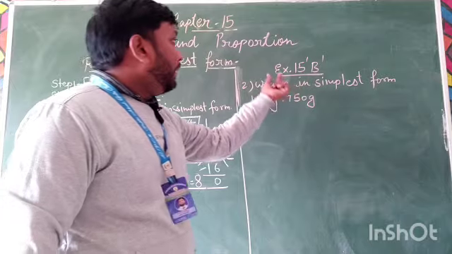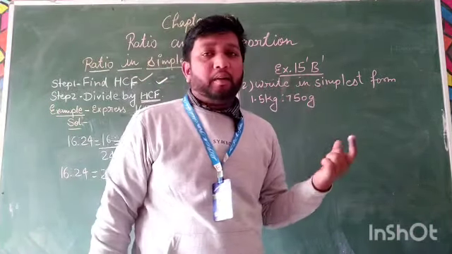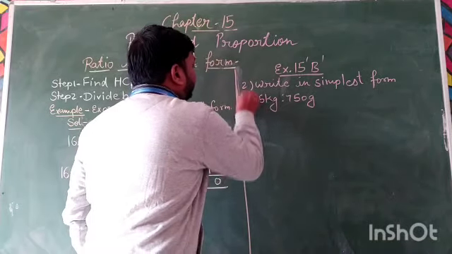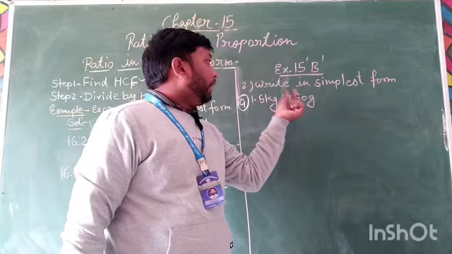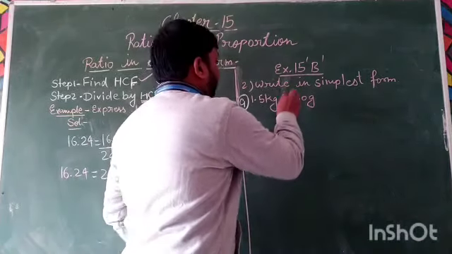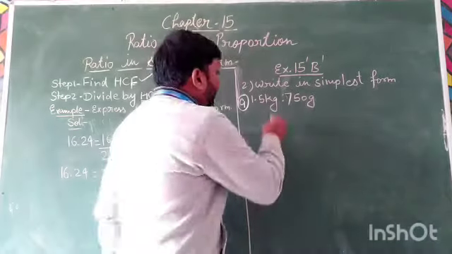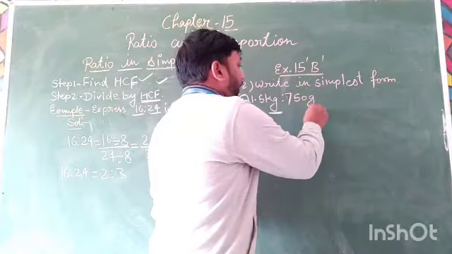There is an example in exercise 15b, question number 2. Write the given numbers in simplest form: 1.5 kilogram ratio 750 gram. Here the first unit is kilogram and the second unit is gram.